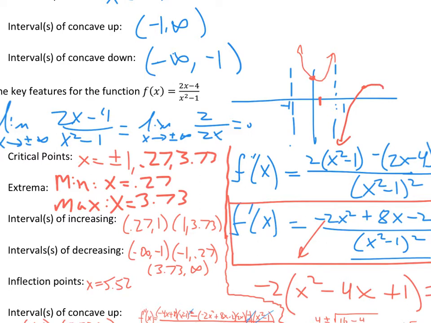We're concave down. We have an inflection point at about 5.52. Okay, so at 5.52, it's gonna flatten out because as we go to infinity here, this whole thing is going to 0, because the bottom's bigger than the top. Okay, and then so we got an inflection point. We got a maximum. Over on this side, we don't have a maximum at all.